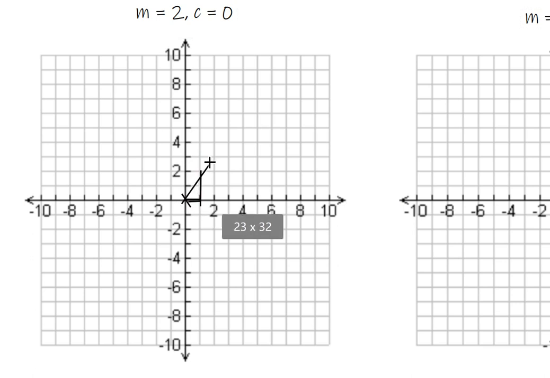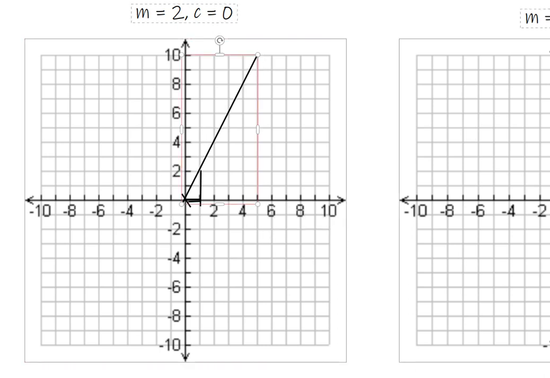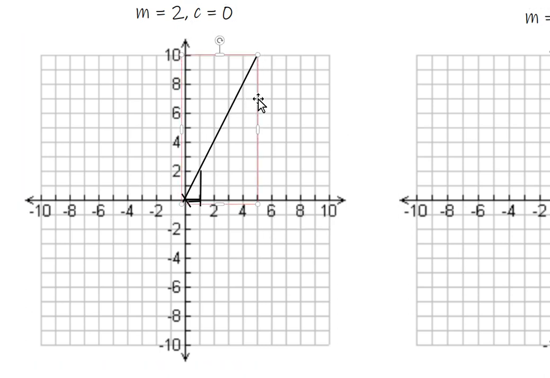Connect this, connect this, connect this. And that's what we want.